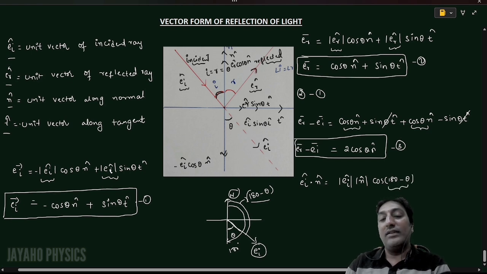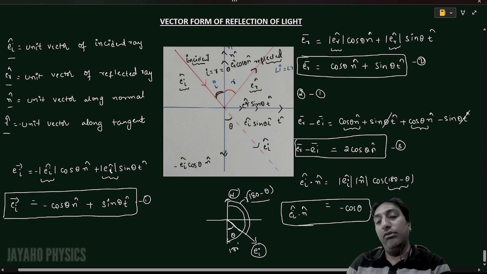And we know cos of 180 minus theta is minus cos theta. So E_i cap dot n cap is equal to minus cos theta. I'm taking this as the fourth equation.